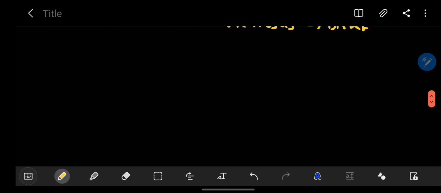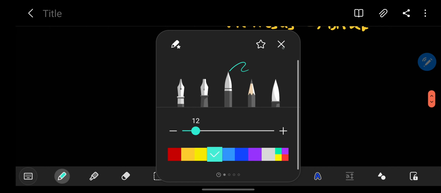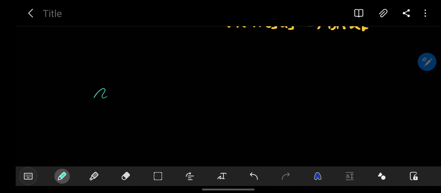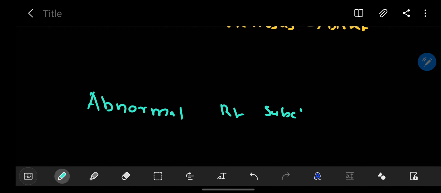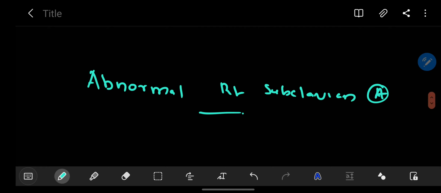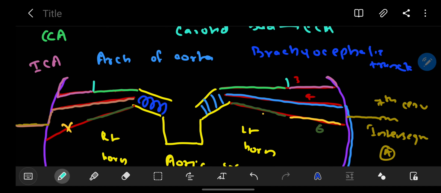So what is an abnormal right subclavian artery? The right subclavian artery is formed from the fourth pharyngeal arch artery and these three structures.